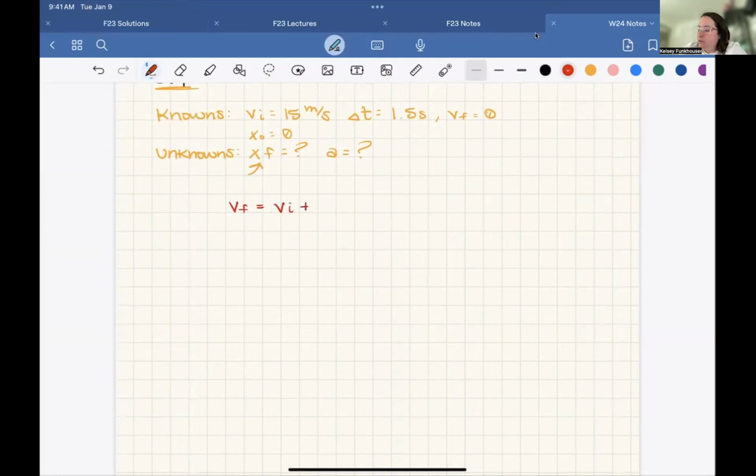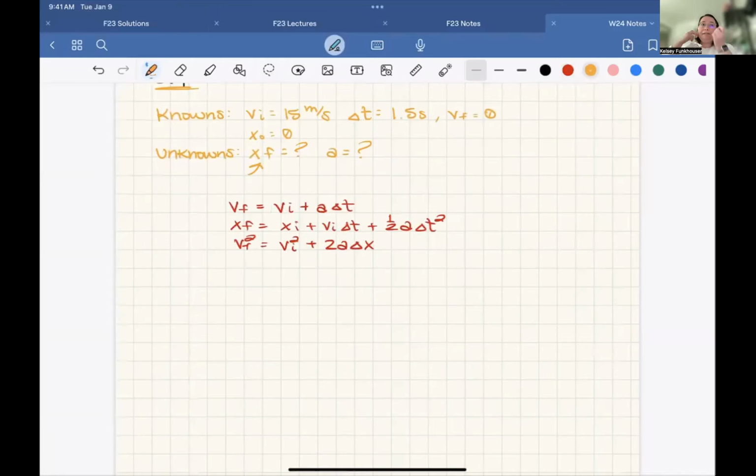So v final equals v initial plus the acceleration times the time interval. And then we have x final equals x initial plus the initial velocity times the time interval plus 1/2 acceleration times the time interval squared. And finally, the final velocity squared equals the initial velocity squared plus 2 acceleration times the displacement.